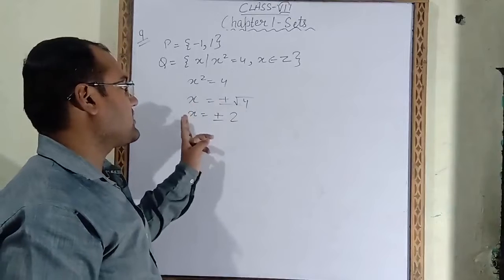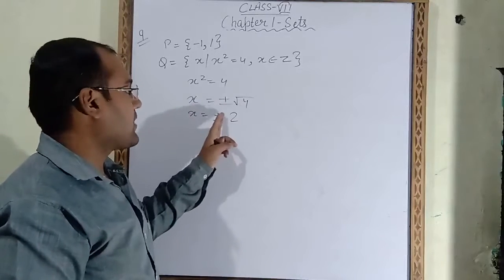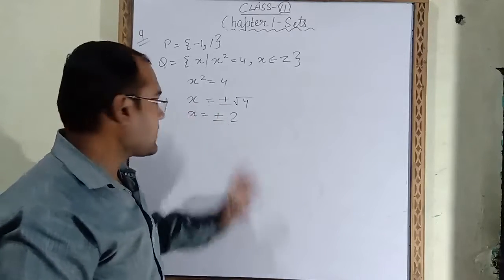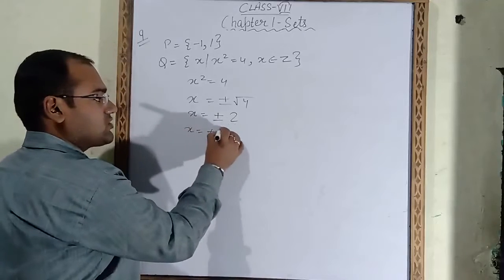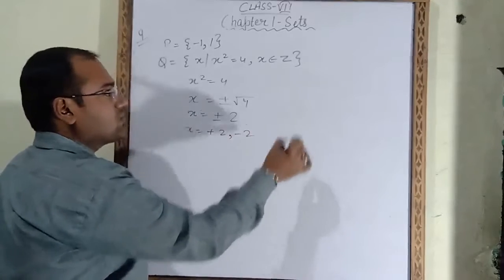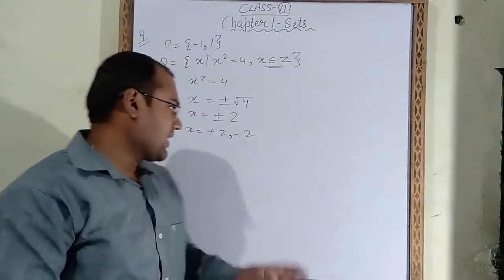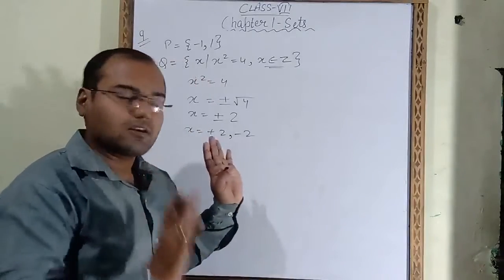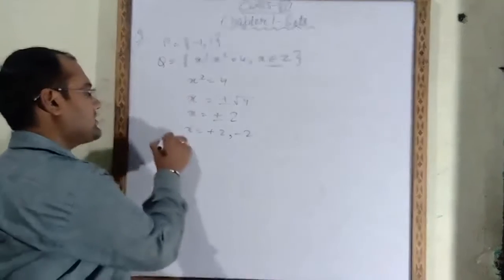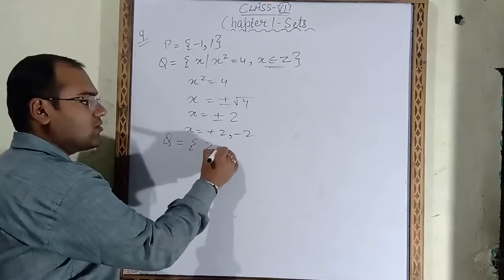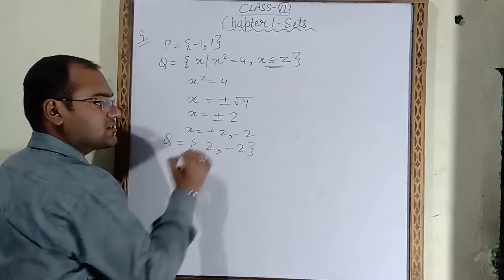That's why x is equal to plus minus 2. That means x has two answers, plus 2 and also minus 2. What is written here? x belongs to Z. Z means integer. So we can take the plus number also, and we can take the minus number also. So the Q answer is 2 and minus 2.